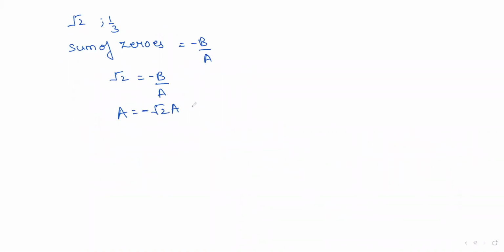Here, product of zeros is also given. Product of zeros given is 1.3, which is equals to c upon a. Therefore, c is equals to a upon 3.